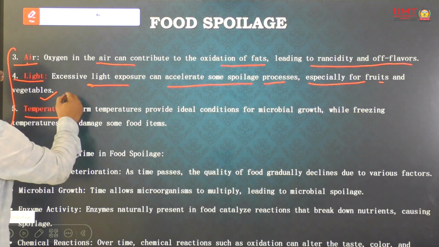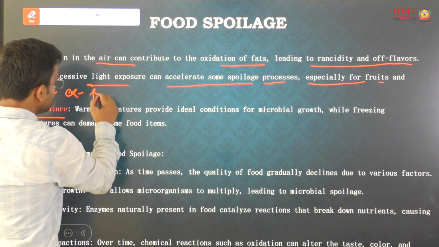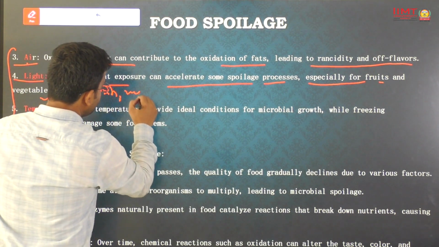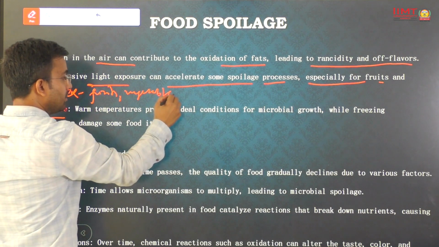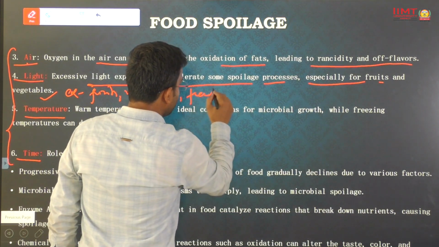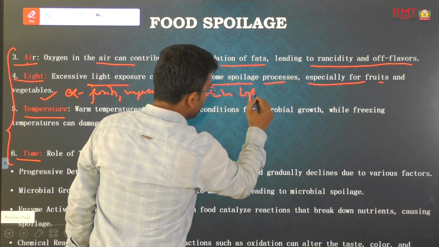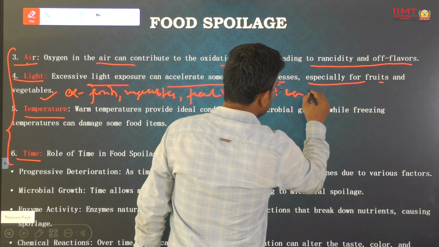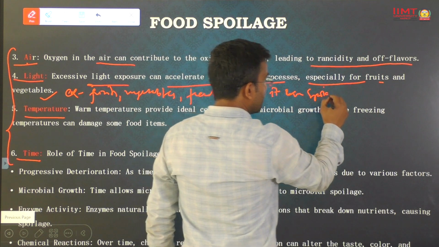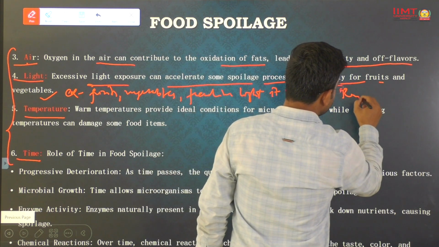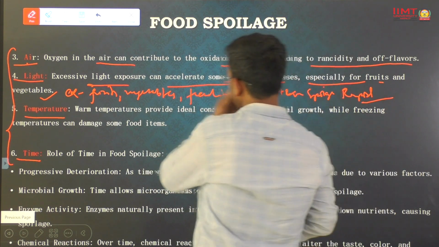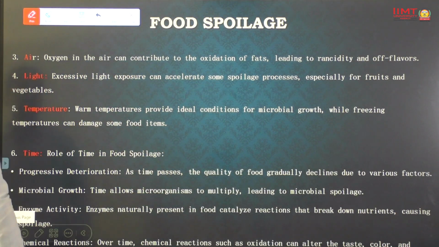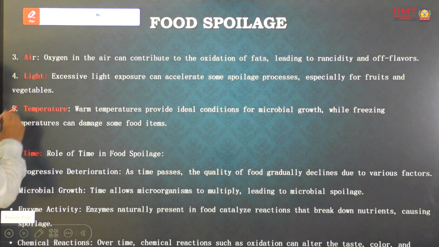For example, fruits and vegetables placed in light can spoil rapidly. Next is temperature.